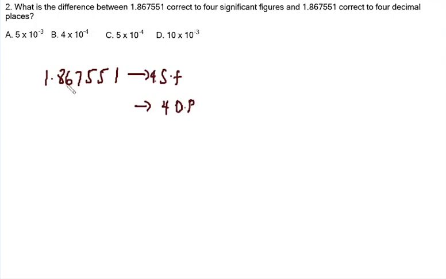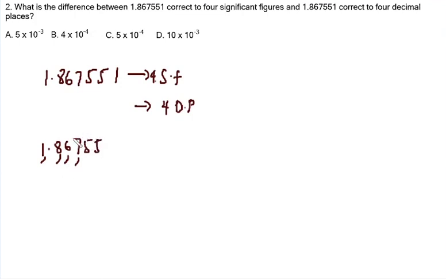To 4 significant figures, we are going to start counting from the first non-zero number of this number. So this is the first number, the second number, the third number, and then the fourth. So we have to approximate this number into this.